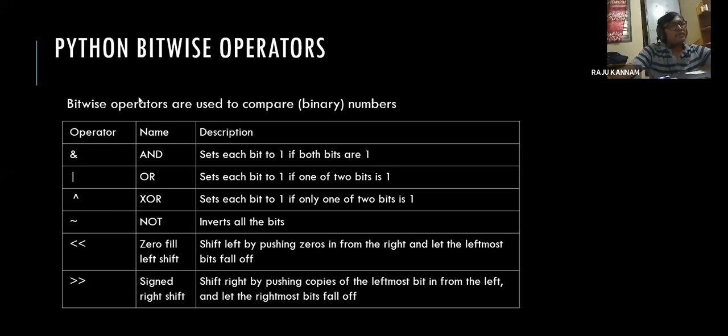Since it is there, we will see it here. AND will perform the AND operation, this will perform the OR operation, and this is XOR. This symbol is NOT, and this is left shift, this is right shift. Now we will see one example, then we'll close these operators.